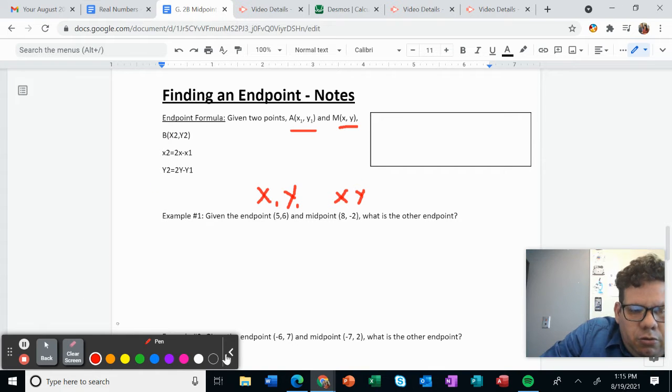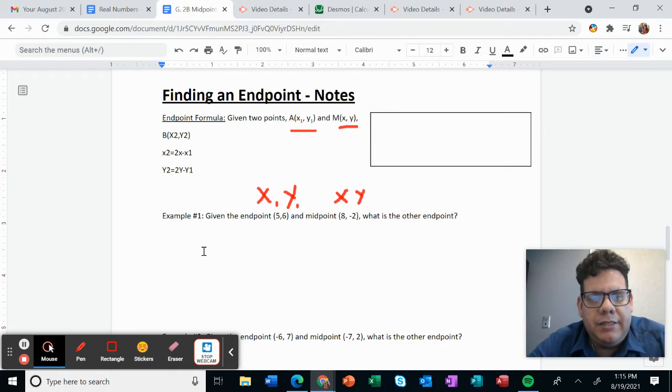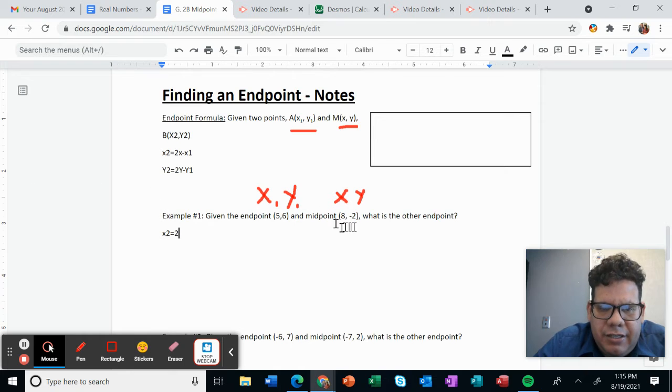Okay, so let me go back to the text. x2 equals 2 times the value of x, which is 8, and then you subtract the value of x1, which is 5.